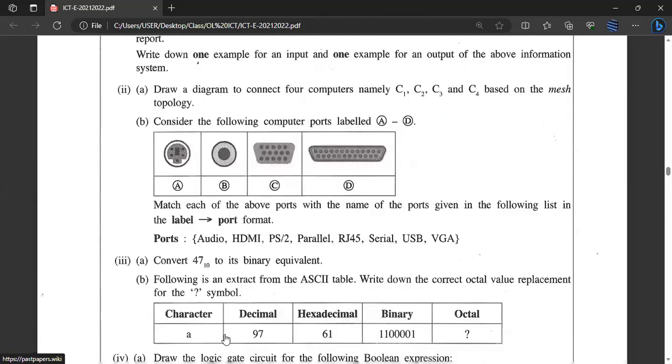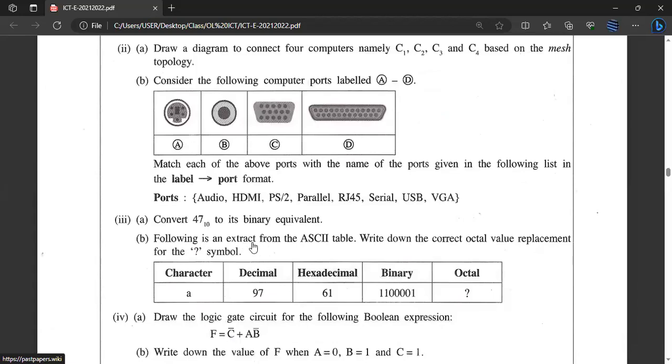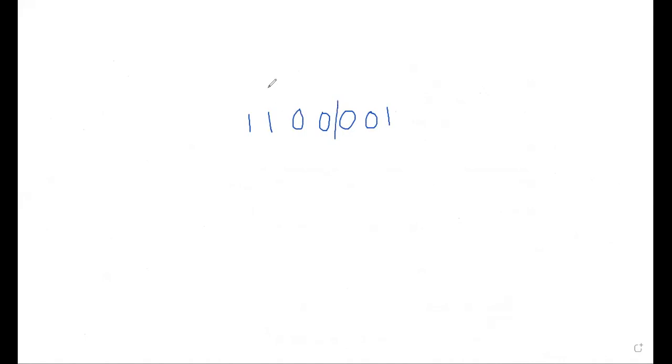Then moving forward to the next question, the following is an extract from the ASCII table. Write down the correct octal value replacement for the question mark symbol. So simply what you need to do is to convert this binary into octal. And this cluster has only one bit, so you can add two 0 bits at the front.